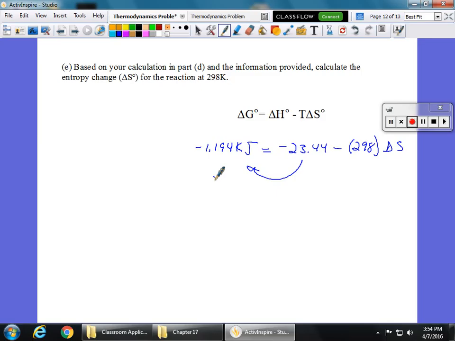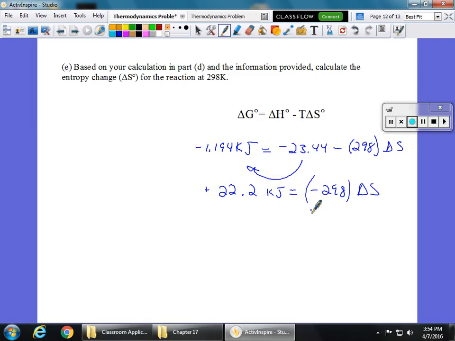I'm doing this along with you. 23.44 plus 1.194 is going to give you 22.2, and that's going to be positive. Kilojoules equals negative 298 times our delta S value. Now, we're going to be dividing by a negative, so we're going to wind up getting a negative number.